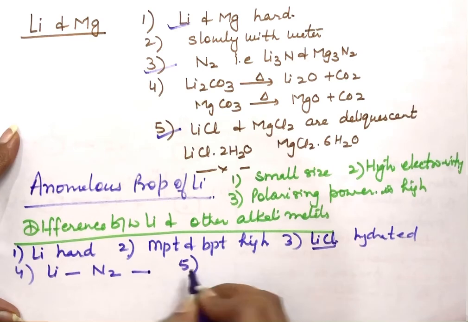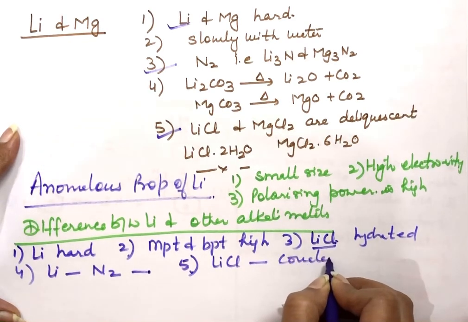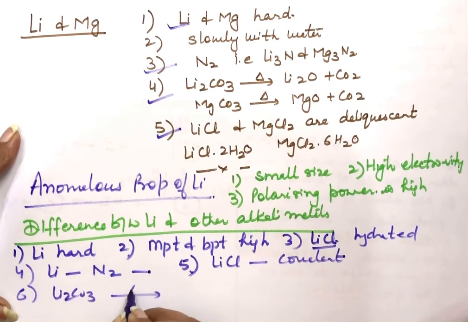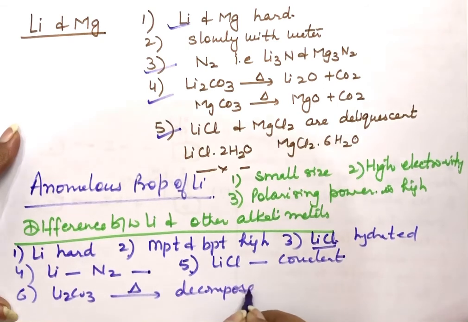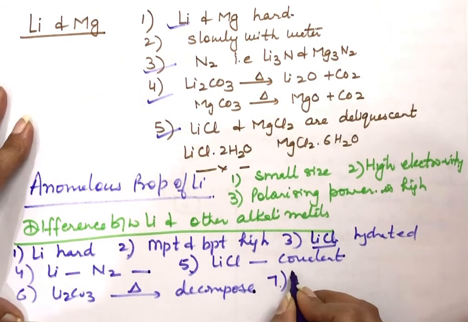Then lithium chloride shows somewhat covalent character. Lithium carbonate decomposes on heating. Other alkali metal carbonates are stable on heating, but lithium carbonate will decompose on heating. Next, one more property is lithium nitrate.